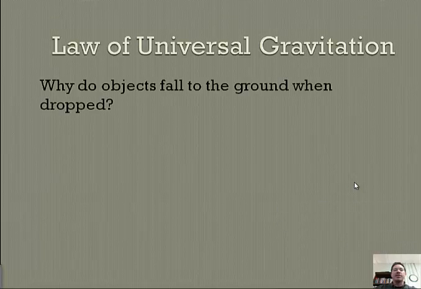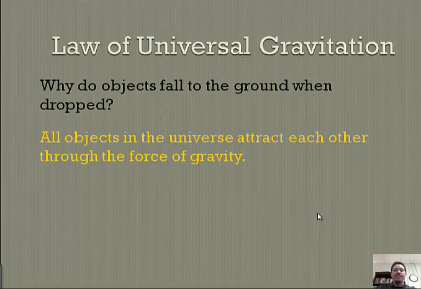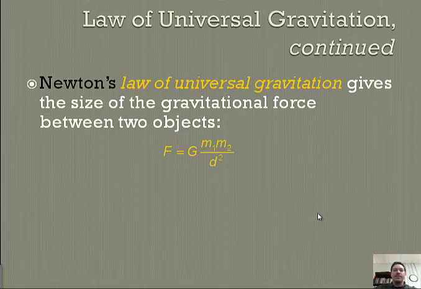We've got something else called the law of universal gravitation. So why do objects fall to the ground when they're dropped? All objects in the universe attract each other through this force called gravity. And we've got something called Newton's law of universal gravitation.